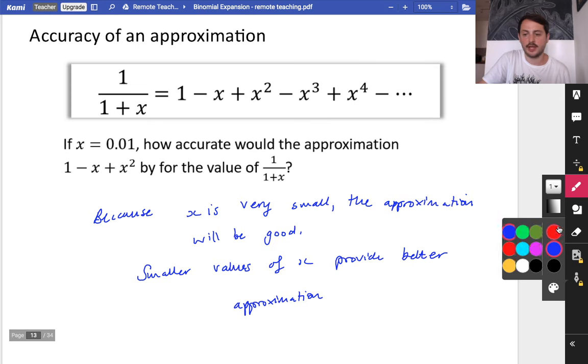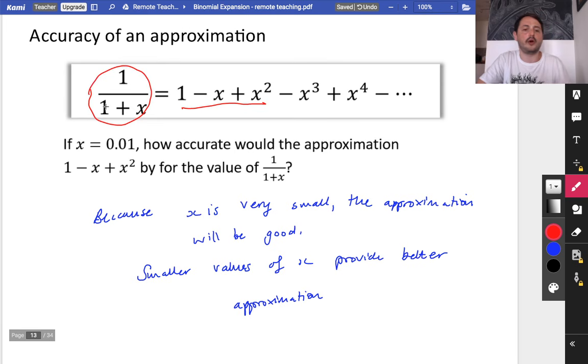I'm really quickly just going to substitute in here 0.01. So I'm going to do 1 over 1 plus 0.01, which is 0.99009900, and that just keeps going.